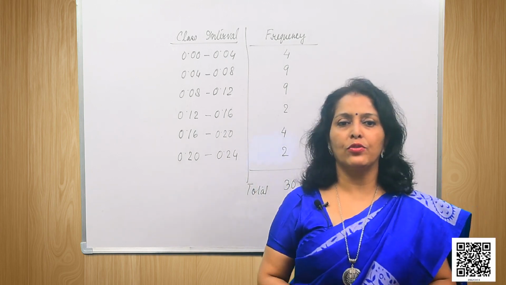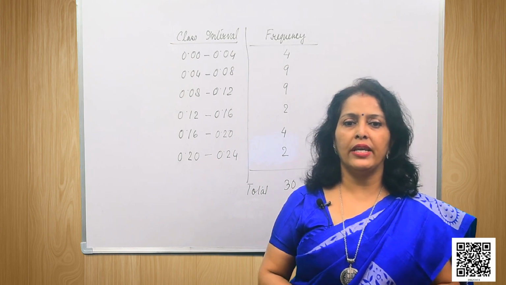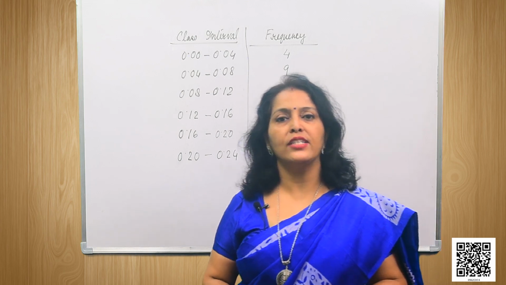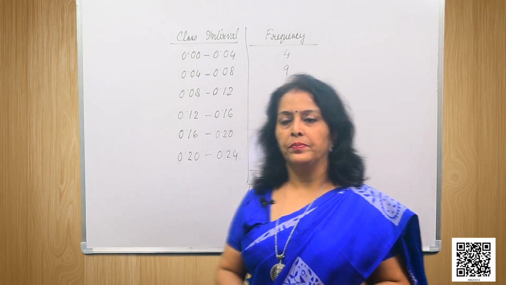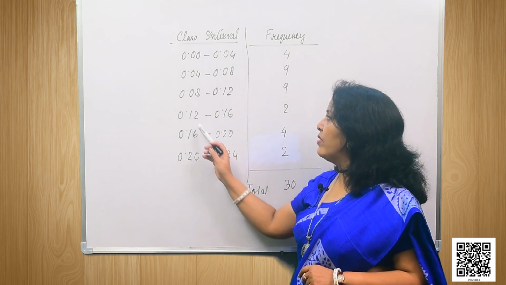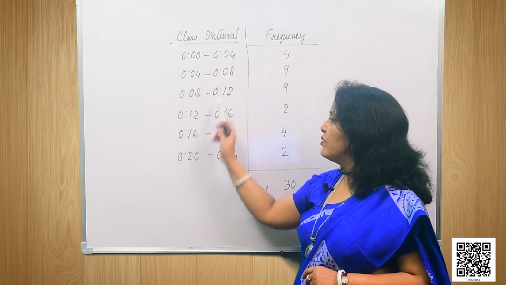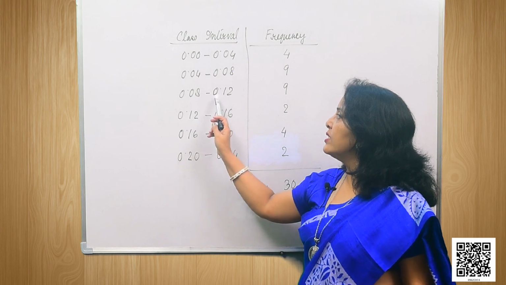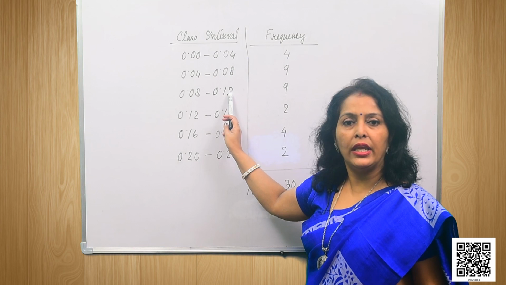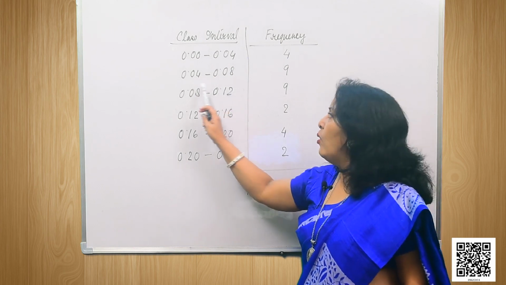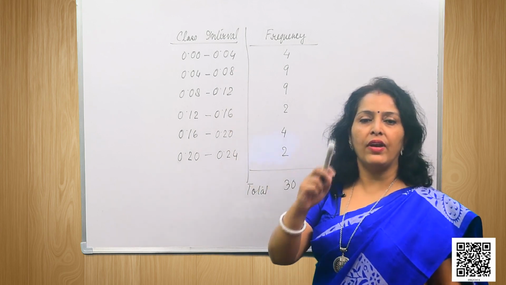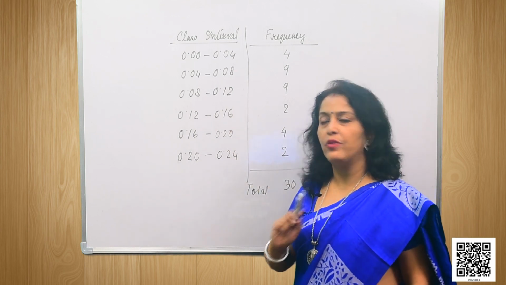Now the second bit of the question was, for how many days was the concentration of sulfur dioxide more than 0.11. Since it is more than 0.11, we are not taking up to this, we are coming to this portion, because here the upper limit was 0.12 and that will not be included. So only 0.11 will be included here, but we want the sulfur dioxide to be more than 0.11.